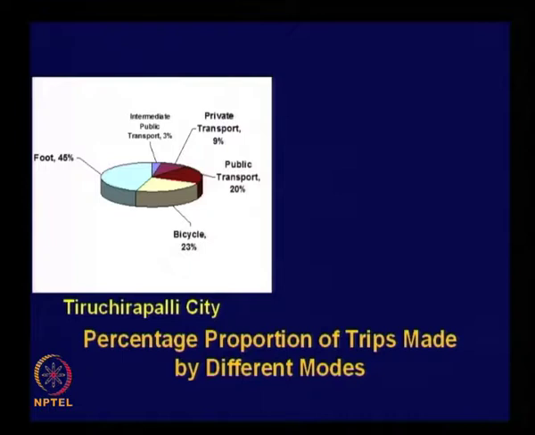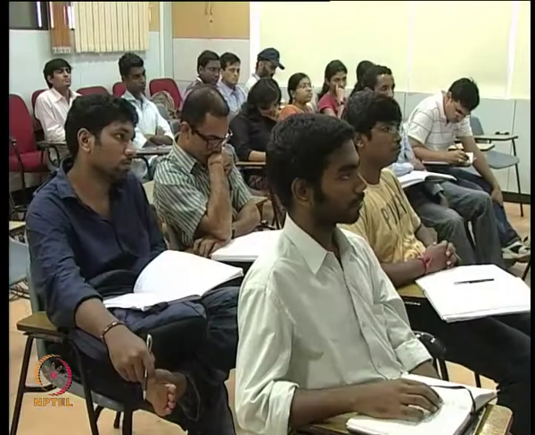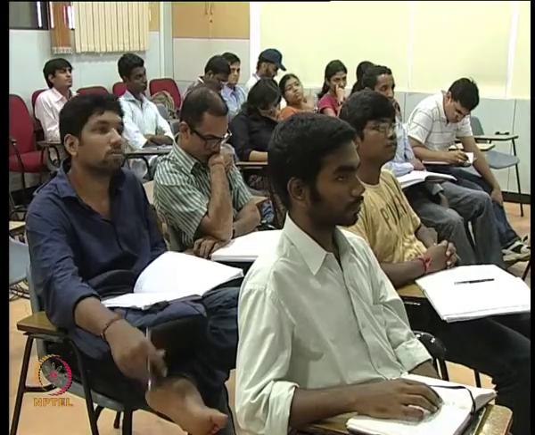Or if you consider trips of half a kilometer length and more as trips and ignore trips of length less than half a kilometer for a study, then probably it may not be 45%, it will be much less. So, these are the two possible reasons for this higher percentage of trips made by foot. Okay. Let us compare similar information pertaining to Braunschweig city.